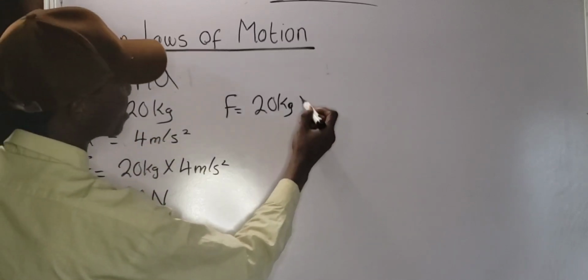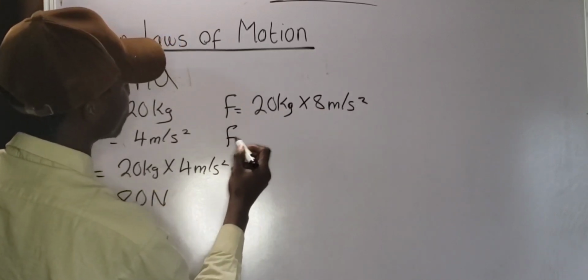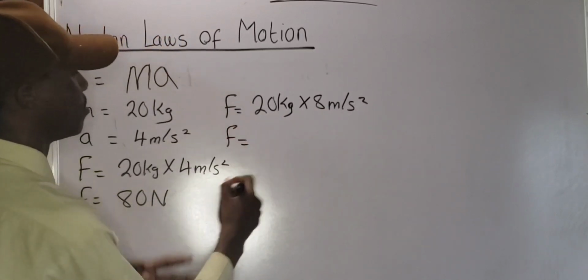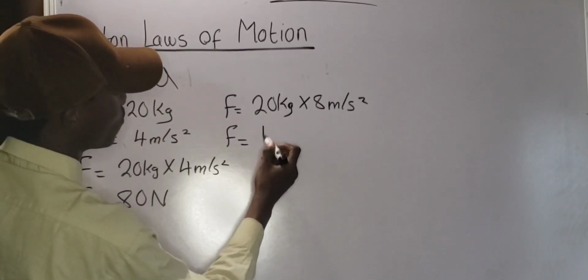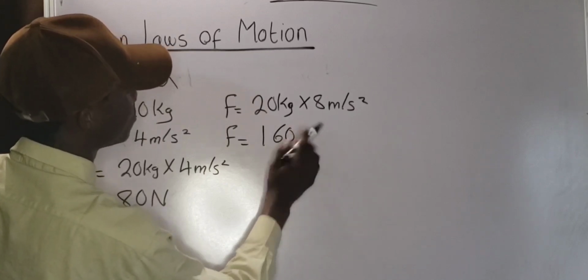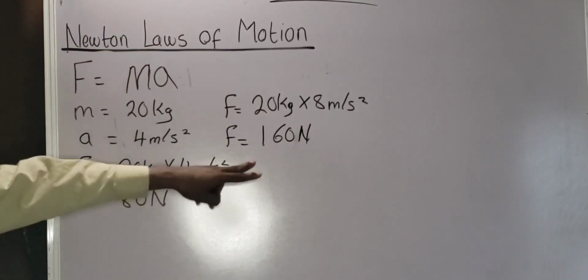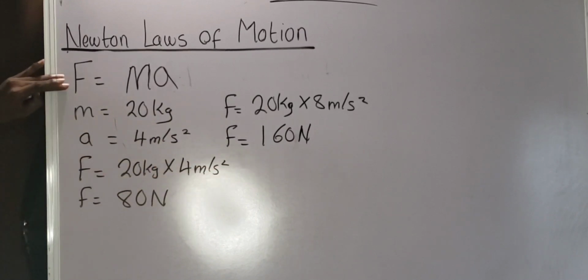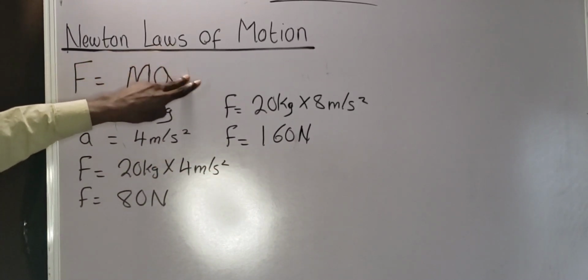So the net force is equal to what? 20 kilogram, which is the mass, multiplied by 8 meters per second squared. That means I'm going to have 160 Newton. So the net force is what? 160 Newton.